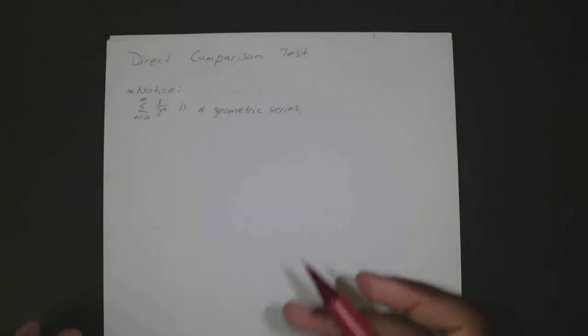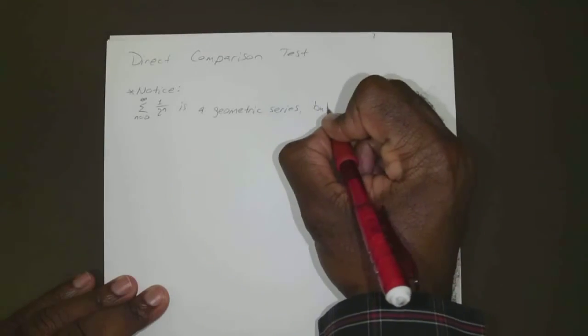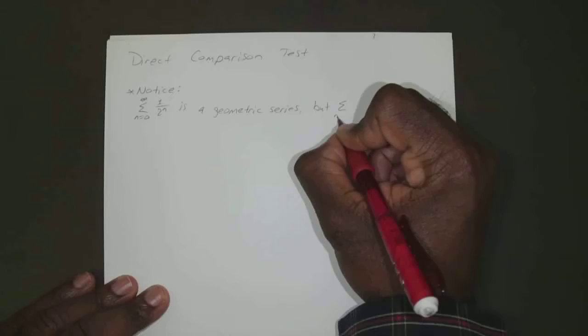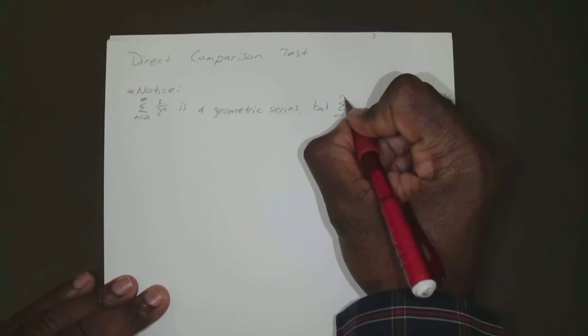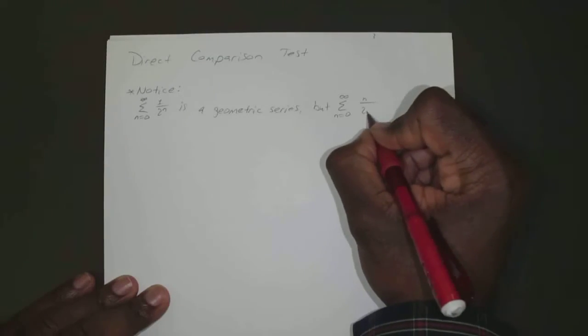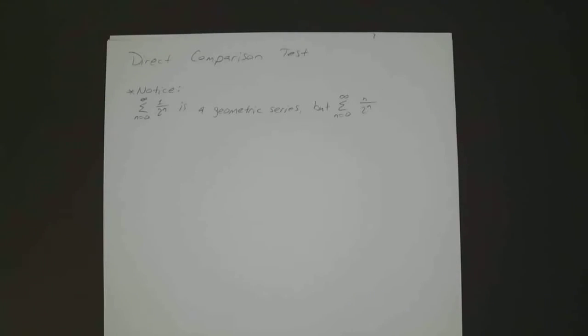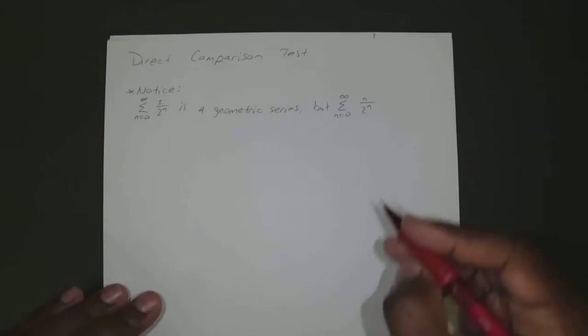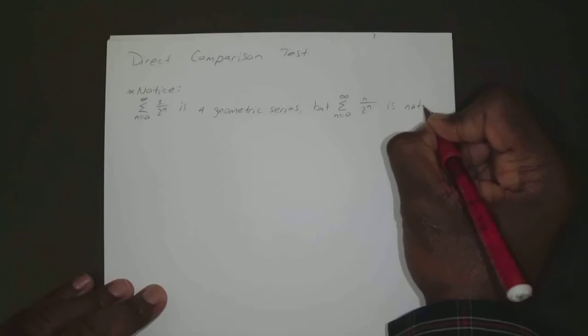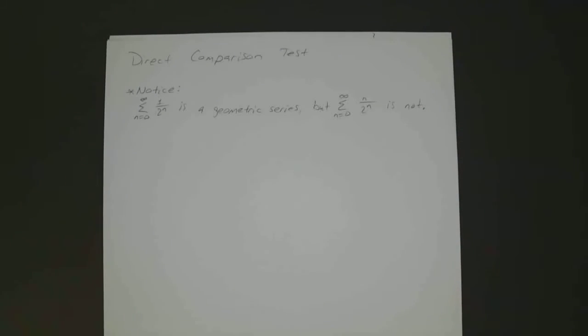But if you have a little bit of a different look to it, n over 2 to the power of n, that's not a geometric series. Just a little bit different.